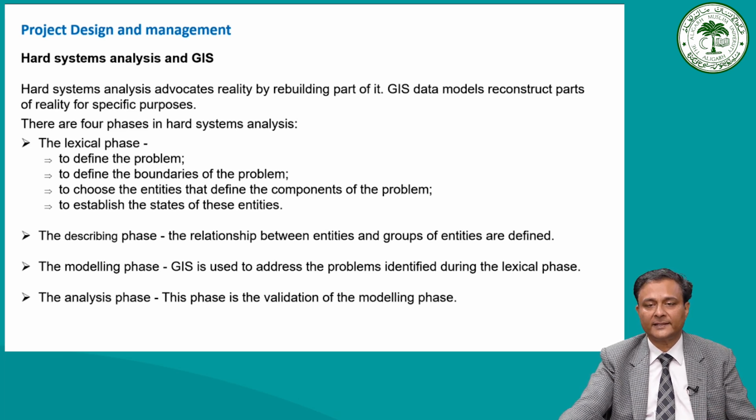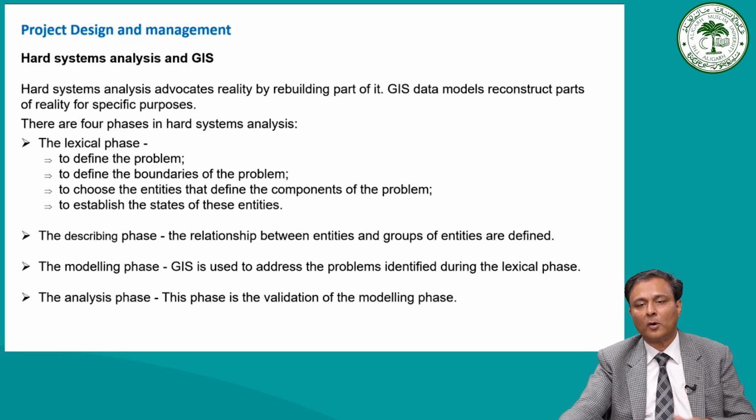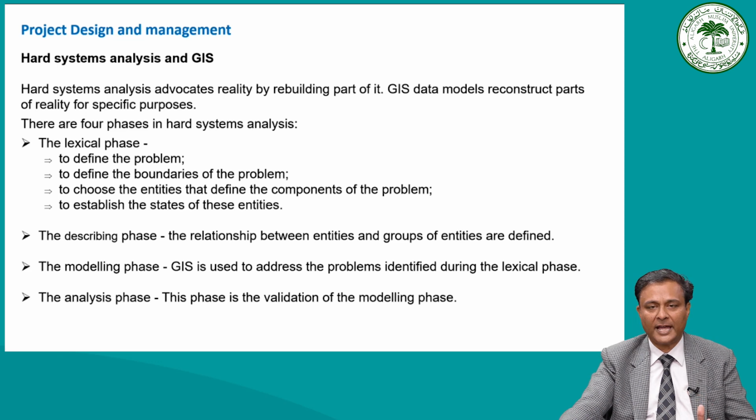And lastly, the analysis phase. This phase is the validation of the modeling phase. What we are pursuing in the analysis phase is the outcome of it, where we are validating the modeling phase.